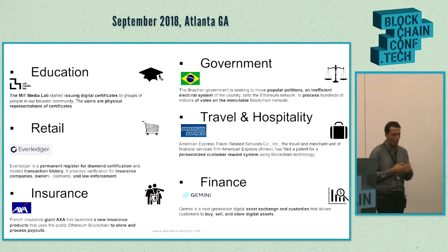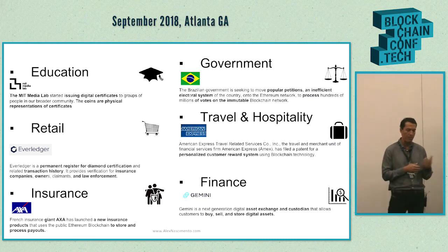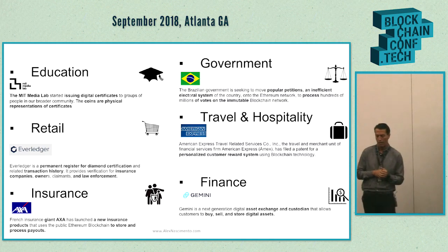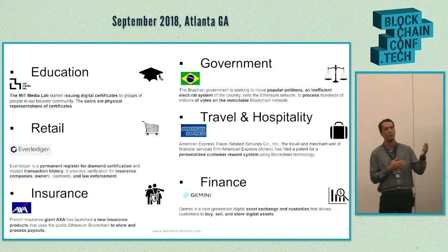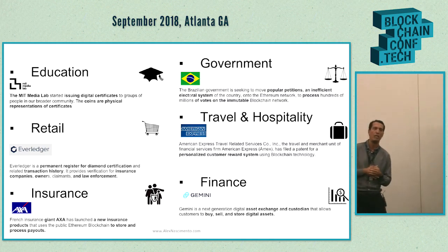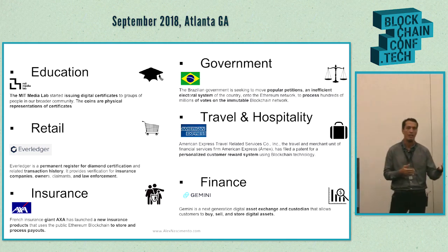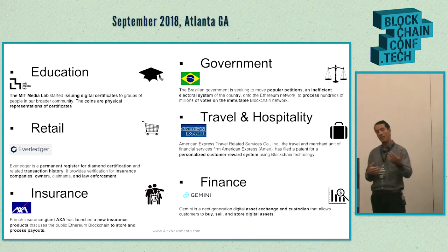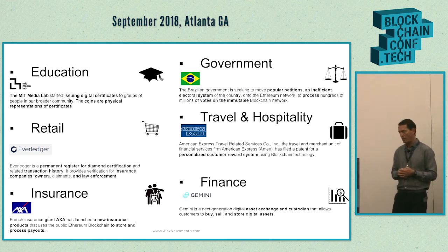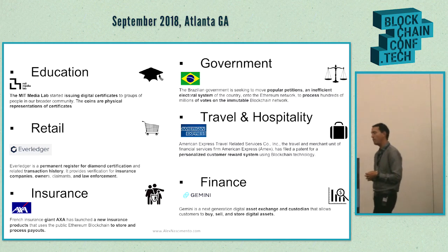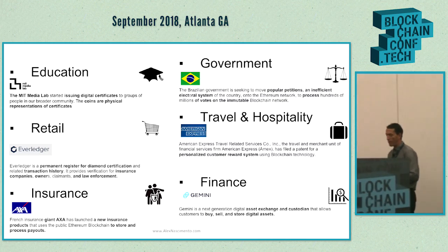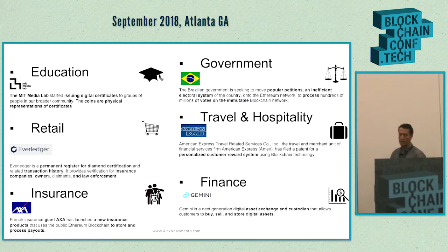In Brazil, where people claim that the previous election of the president, who was recently impeached, was fraudulent, and some of the folks here in the US also talk about how our election was fraudulent, they're thinking about using blockchain to verify votes and verify the election process.